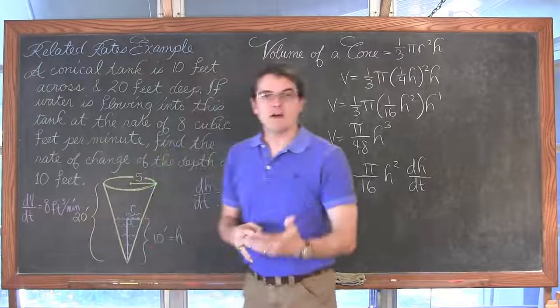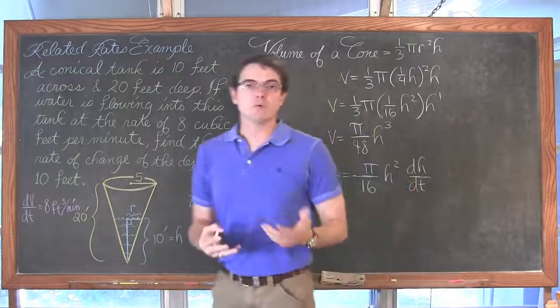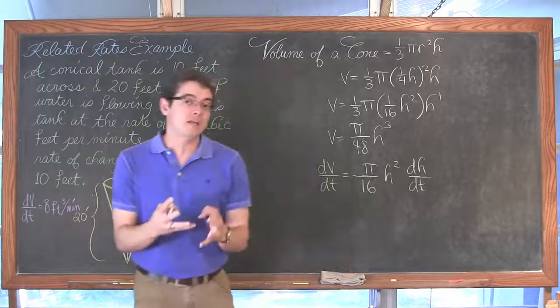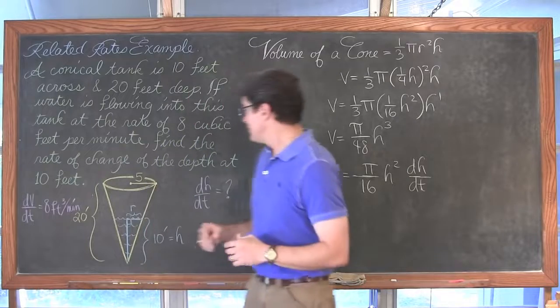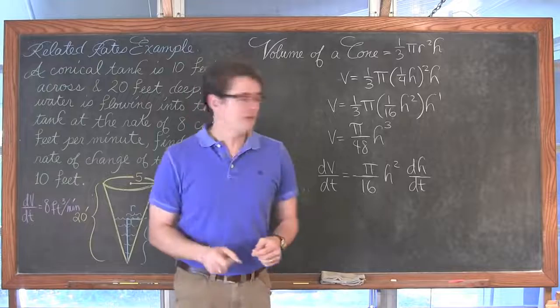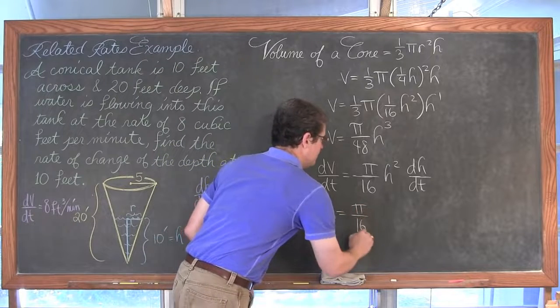And now I can finally bring in that fixed depth of the water being 10 feet. Now that I've found the derivative, which allows us to have variables about rates of change, I can go ahead and plug all these numbers in. The water is flowing in at 8 cubic feet per minute, so 8 is equal to pi over 16.